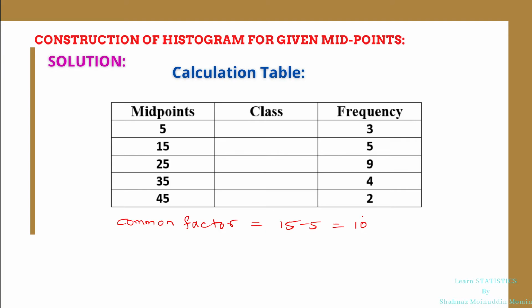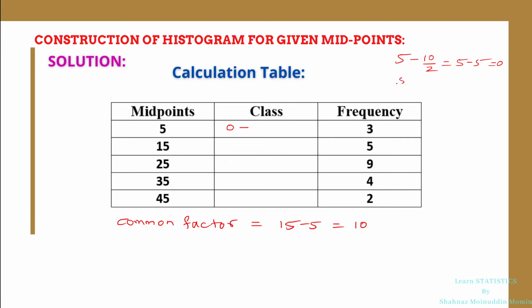So I will calculate the lower limit of the first midpoint, 5. How do I calculate? 5 minus half of the common factor, that is 10 by 2. So it is 5 minus 5, which is equal to 0. So the lower limit of the first midpoint is 0. Now we will calculate the upper limit of the first midpoint.